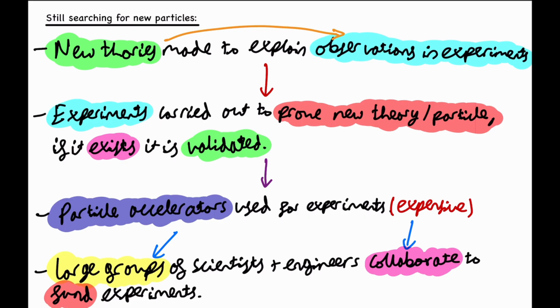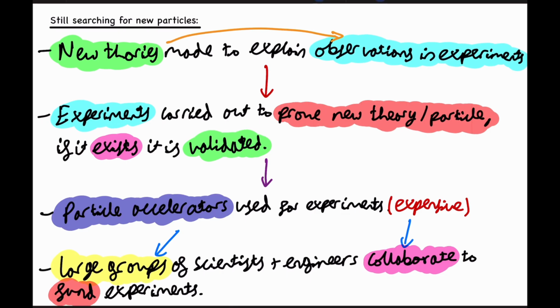And you have particle accelerators, which are very expensive, which are used for these experiments to find new particles, to prove new particles, or to look at observations of how particles act. So you have large groups of scientists and engineers which collaborate together to fund experiments and just look at the data and try to find new theories and try to understand how particles work further. So we can actually learn a lot about what we're made of and what these useful particles might help us to do in the future.